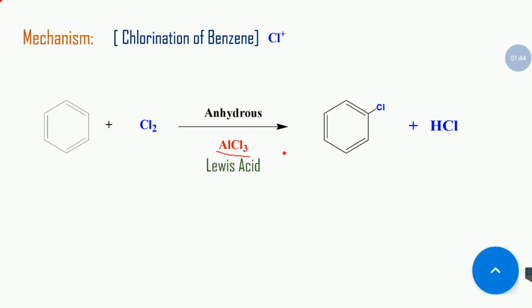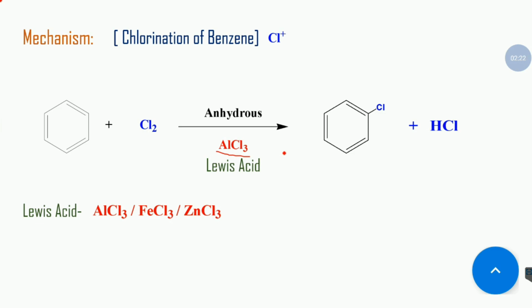Or you can ask me if any other Lewis acid can be used as a catalyst for chlorination of benzene. Is it possible? Yes, it is possible. So what are the Lewis acids we can use instead of AlCl3? They are FeCl3, ZnCl2, etc.